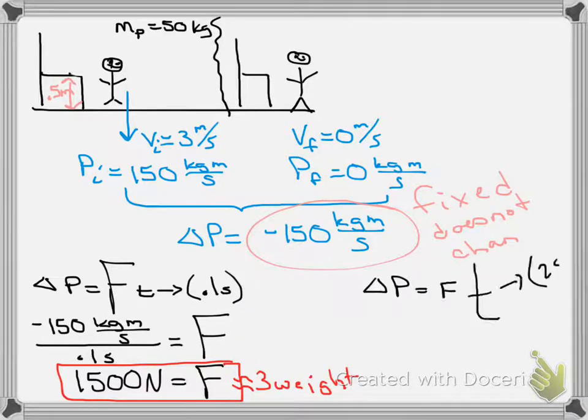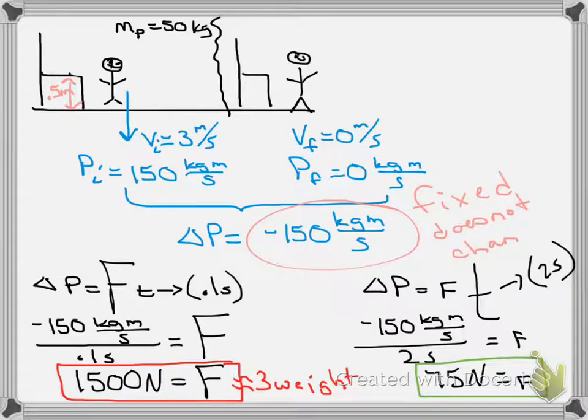But if, on the other hand, we actually bend our knees when we hit the floor, then you're increasing the amount of time it takes for your body to come to rest. Let's say maybe 2 seconds. It's probably a little long, but it illustrates the point well, that if it takes you 2 seconds to come to rest because you bend your knees as soon as you hit the floor, then there's only a 75 Newton force that the floor applies to you.